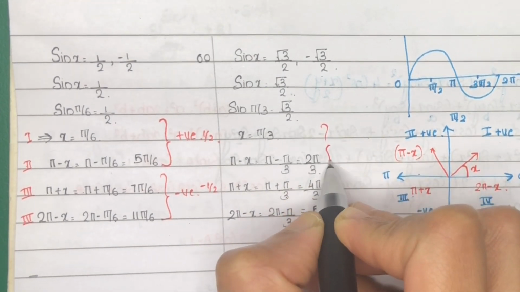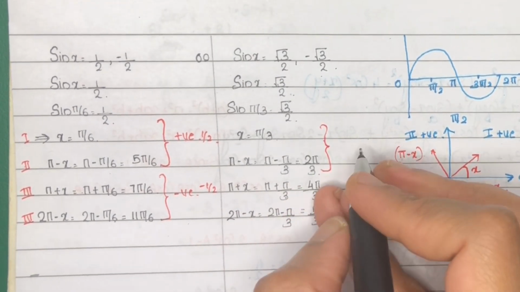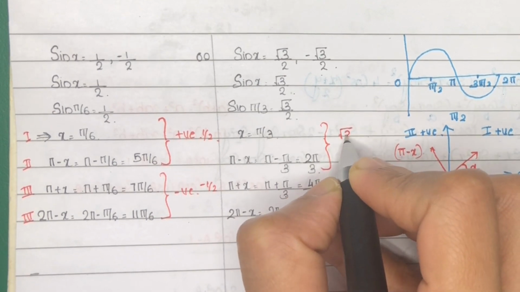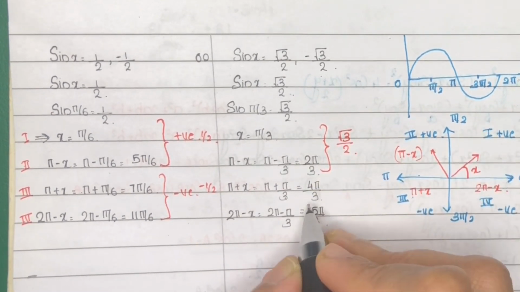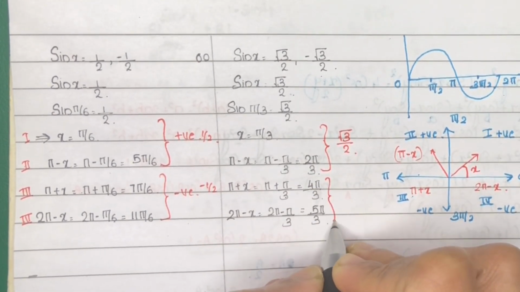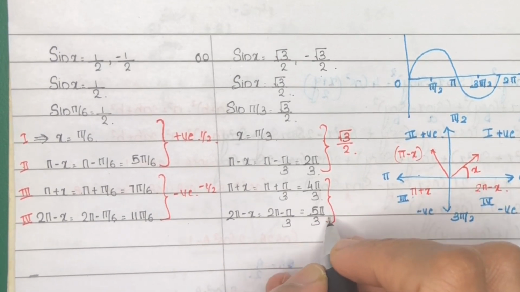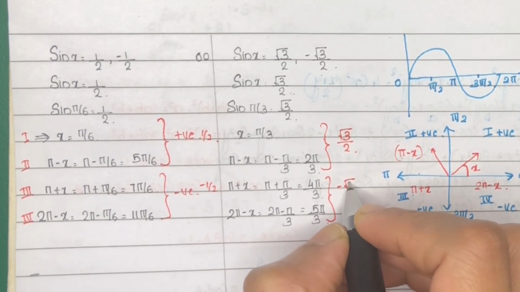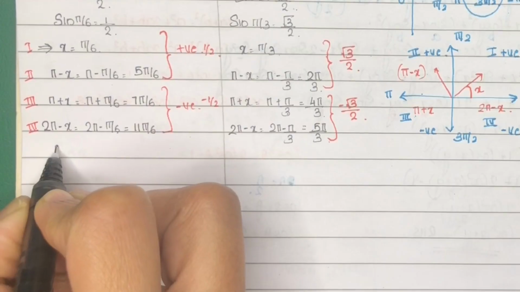Sin pi by 3 and sin 2 pi by 3 result plus root 3 by 2, and sin 4 pi by 3 and sin 5 pi by 3 result minus root 3 by 2.